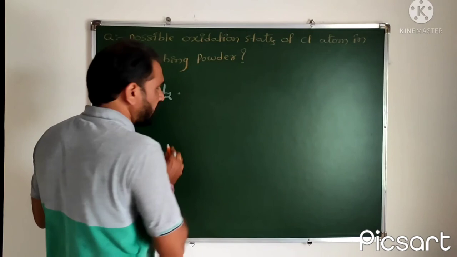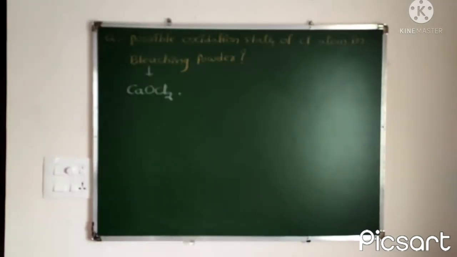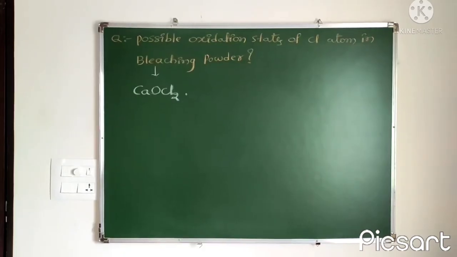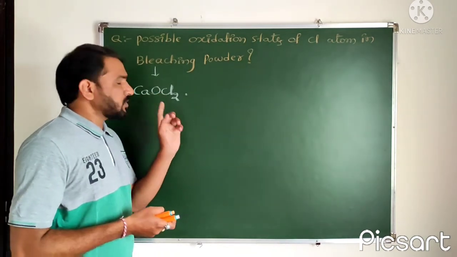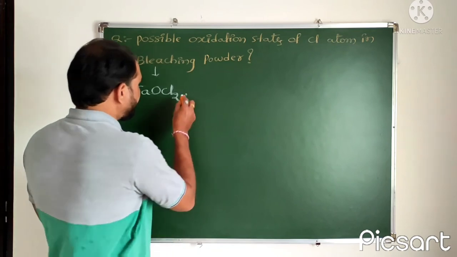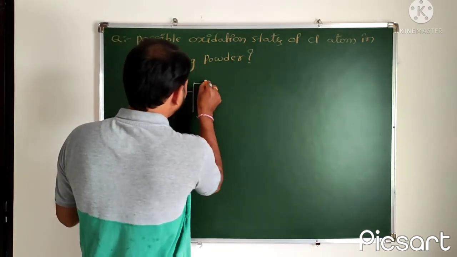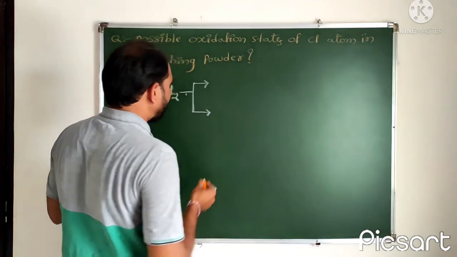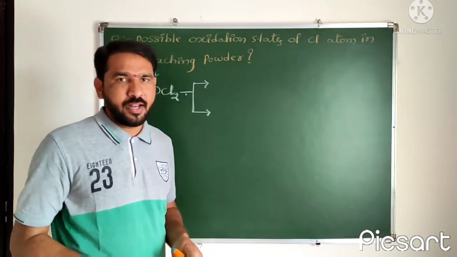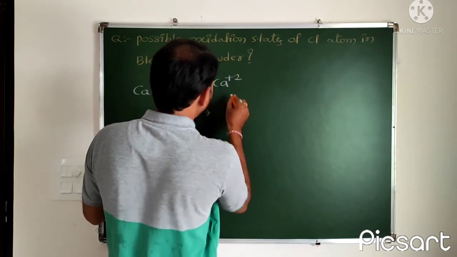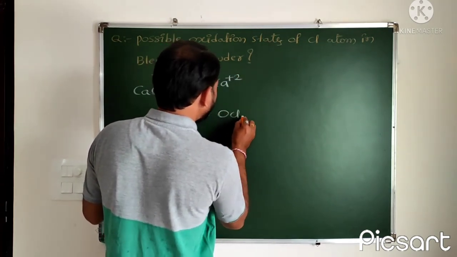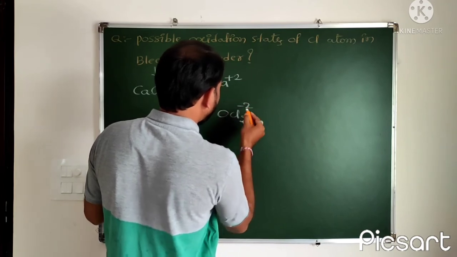CaOCl2 dissociates into two parts, a cationic part and an anionic part: Ca2+ and OCl2 2-.